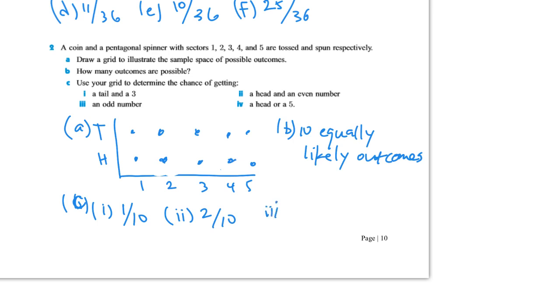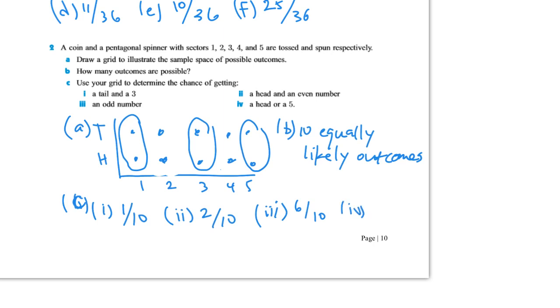Roman numeral 3, an odd number. We don't care what comes up on the coin, we just care that the spinner landed on something odd. So that's a 6 out of 10.